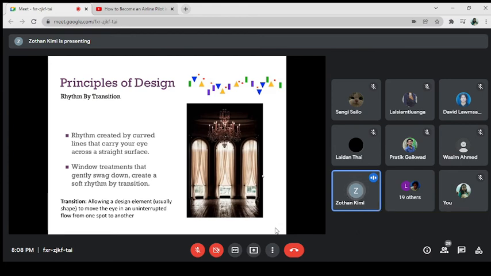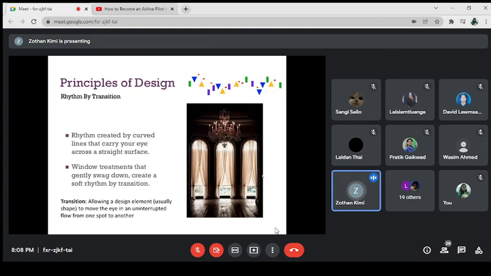All right, when we observe a change from the first look to the last look of a scene or something that we look at. All right, so that is rhythm by transition. All right, there's a change in the end from the start to the end. It's not the same anymore, but we are being led on by a curved line to our end visual look.